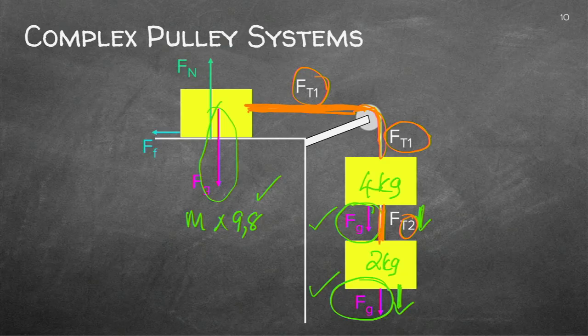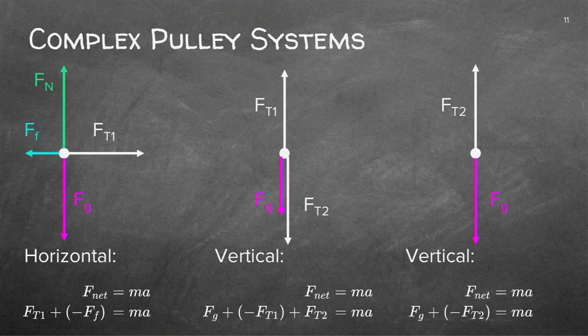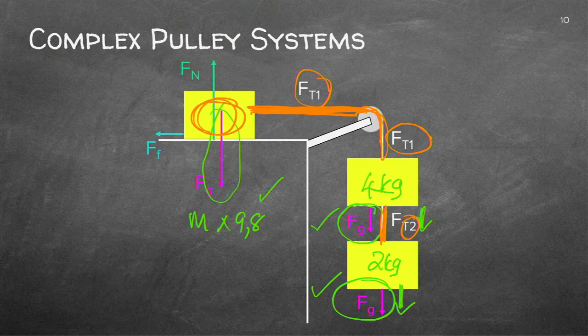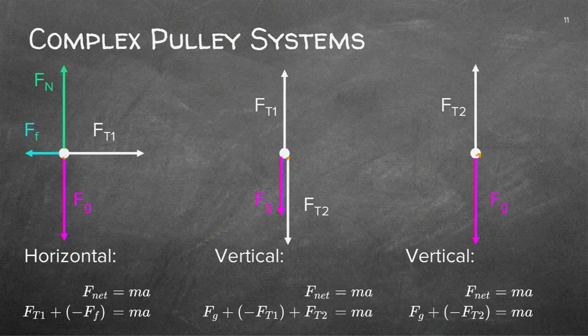And remember what I did in the previous example. Go and draw your separate free body for every mass. So this one will be this mass there. Have a look. I've got T1 pulling to that side. I know I've got gravity. Because it's lying on a surface, you also have a normal.